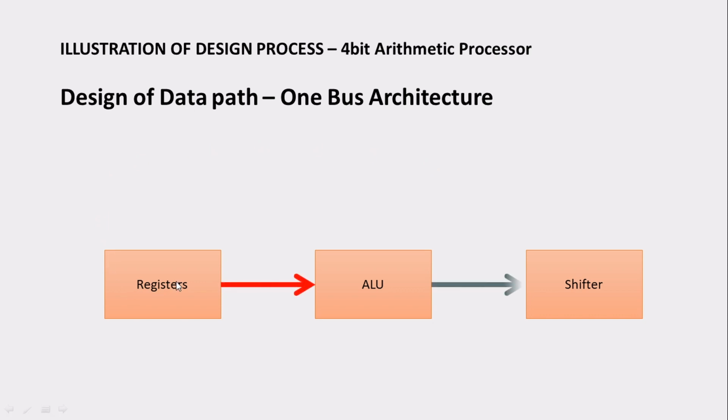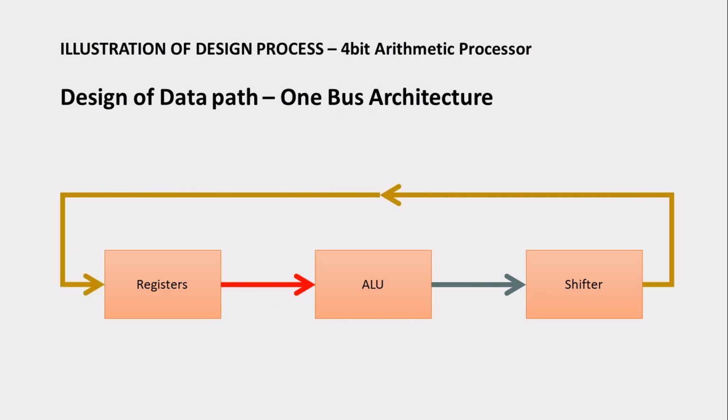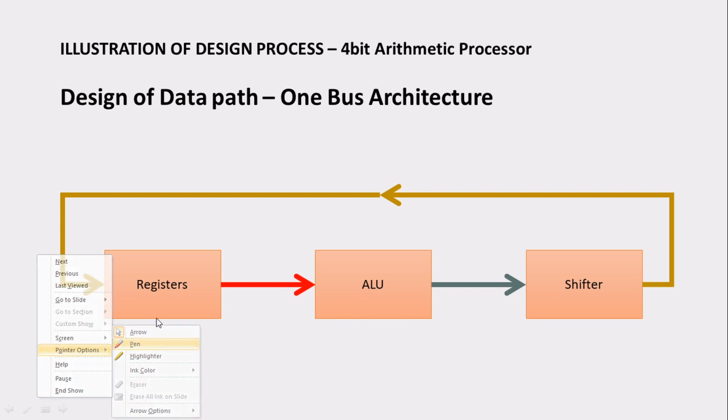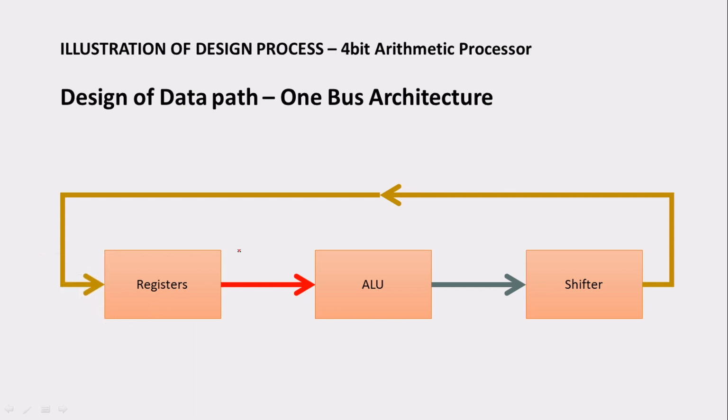So if you look at this particular architecture, let me take a pen over here. From register to ALU, from here to here you need one cycle. Let me write it in terms of cycle.